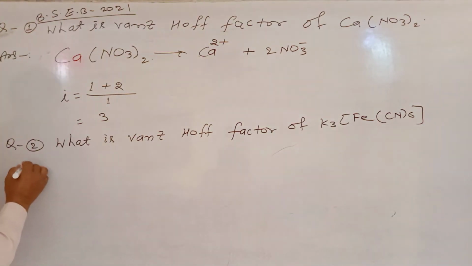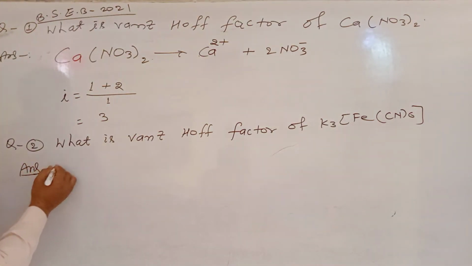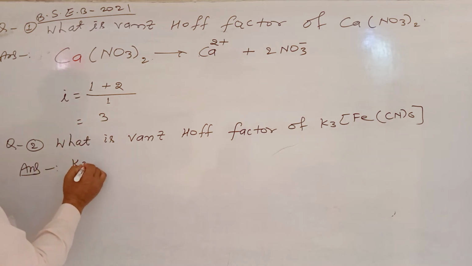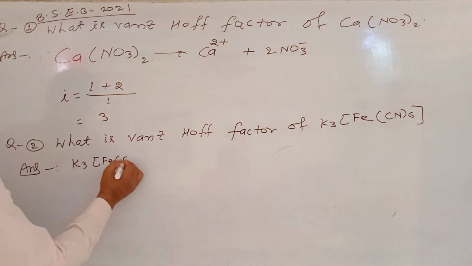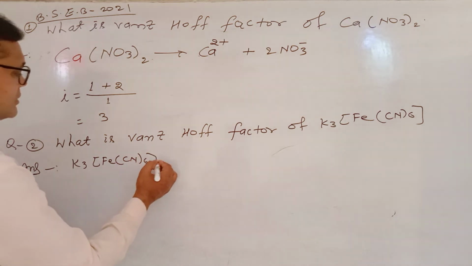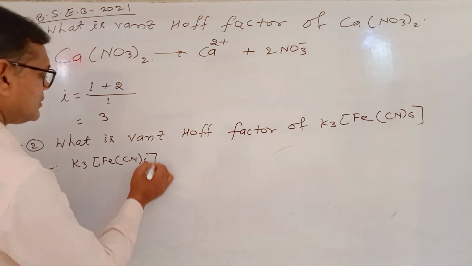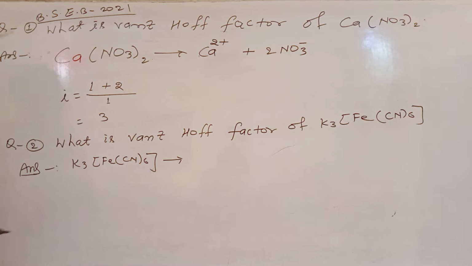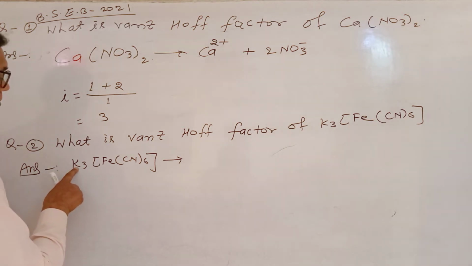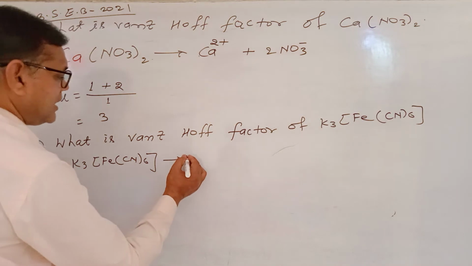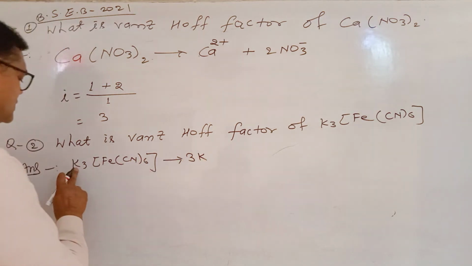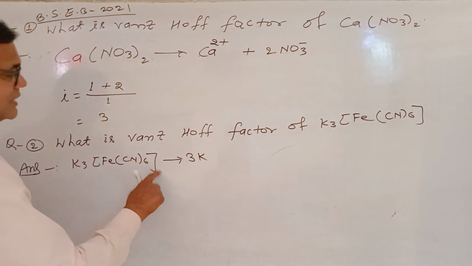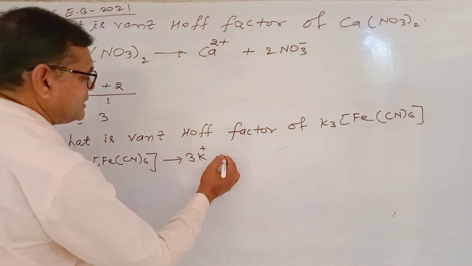First of all, we write K3Fe(CN)6. Now we convert in the form of ion in the solution. Number of potassium ion is 3. Here we write 3. The valency of potassium is here 1. Therefore, write 1 positive charge.